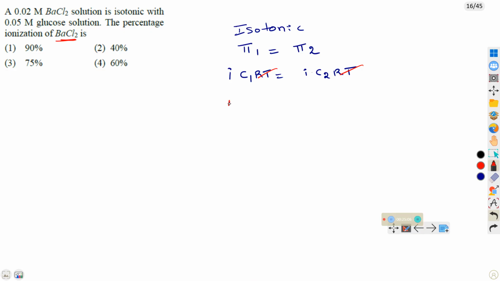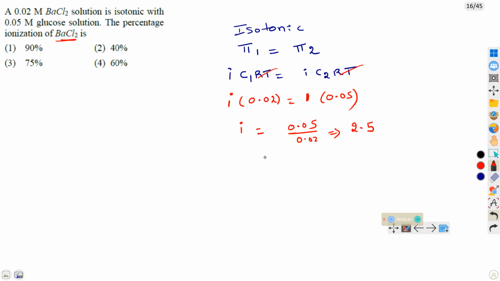So i into C1, the value given as 0.02, is equal to, glucose not dissociated, so 1 into 0.05. Then i is equal to 0.05 by 0.02, which is 2.5.